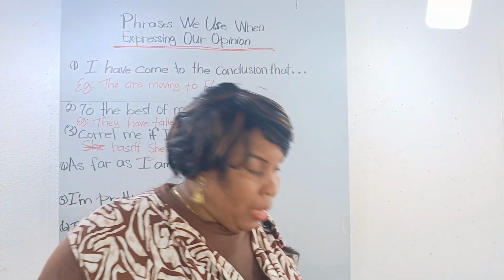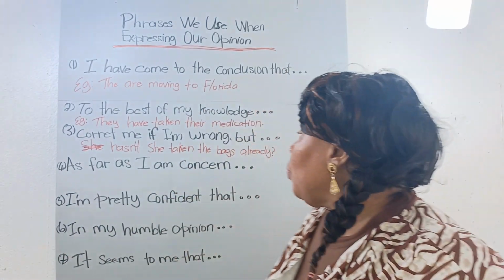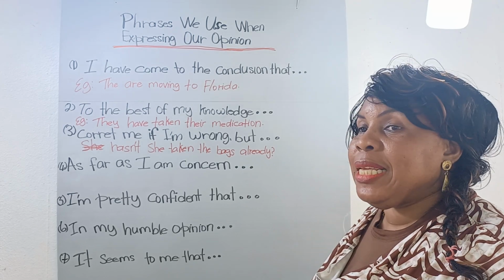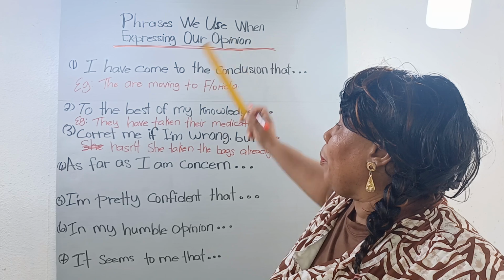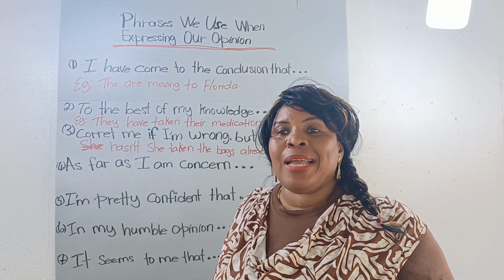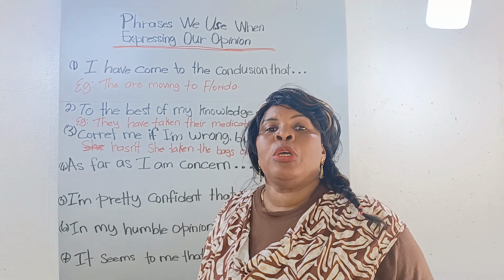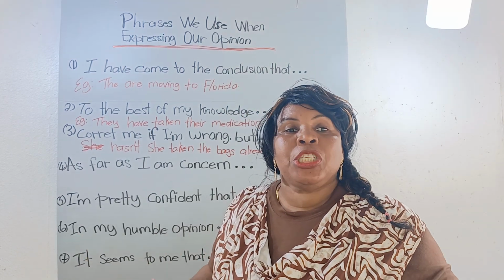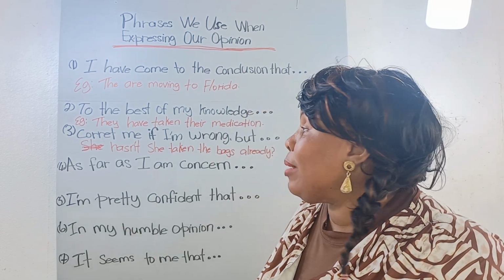So correct me if I'm wrong. Hasn't she taken the bags already? So that is the next way of expressing your opinion, because there's some action that has taken place around you. So you could say you think she has taken the bags already. So you ask, hasn't she taken the bags already?